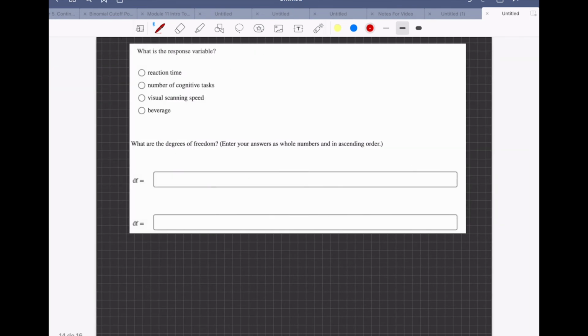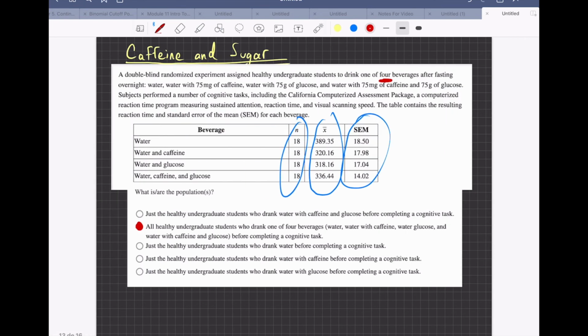So what is the response variable? What are we measuring here? The table contains the resulting reaction time. So reaction time.